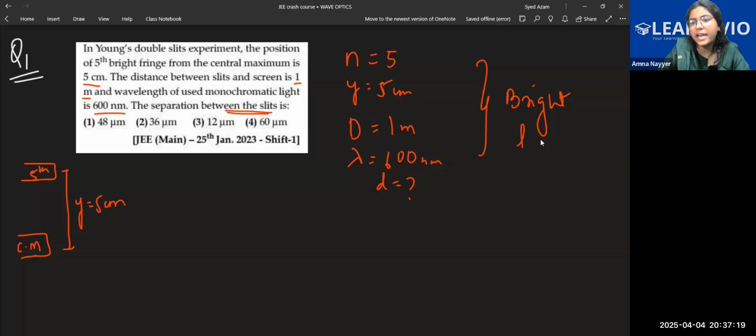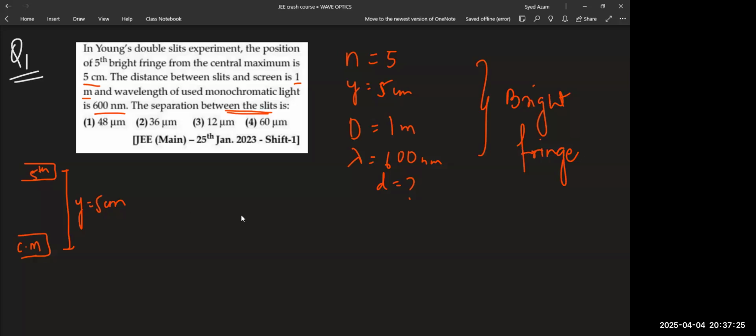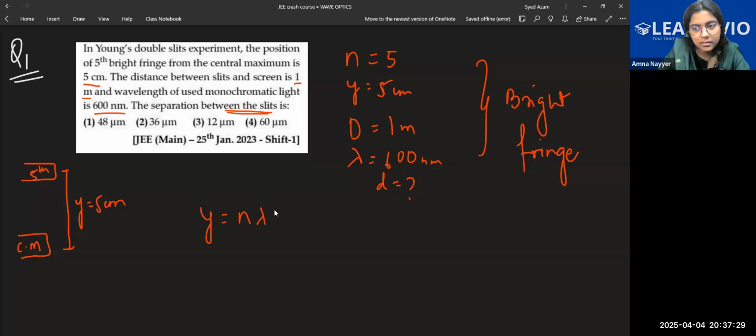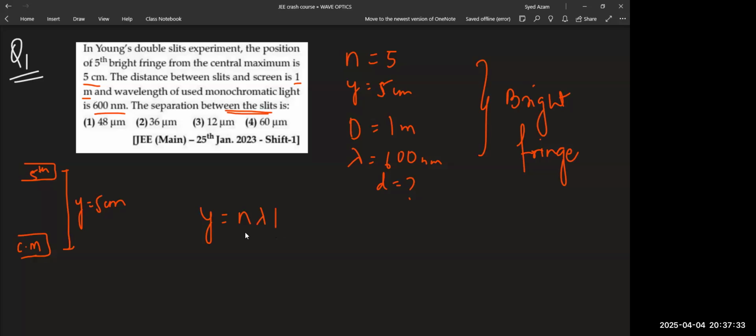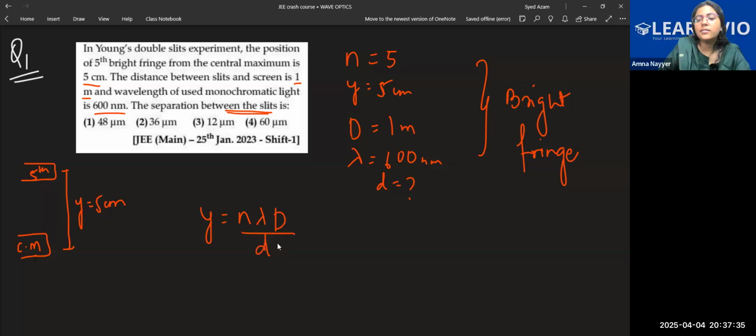Which formula should we use for bright fringe? Y is equal to n lambda D by d. Capital D by small d. From here, small d is missing. The rest of the 4 variables are given to you.